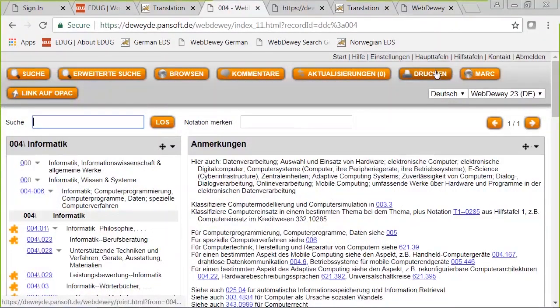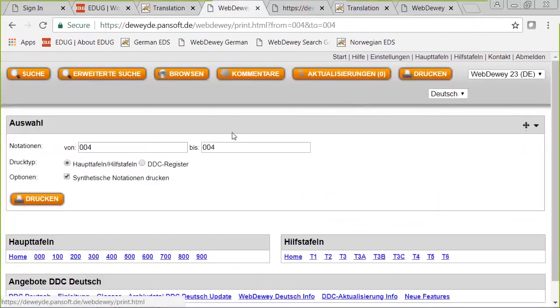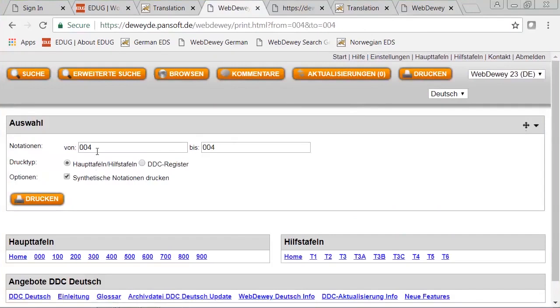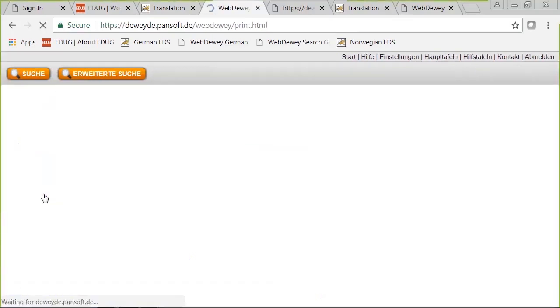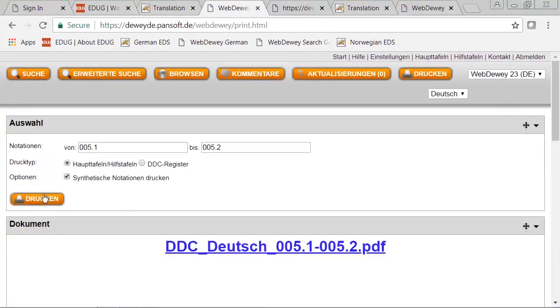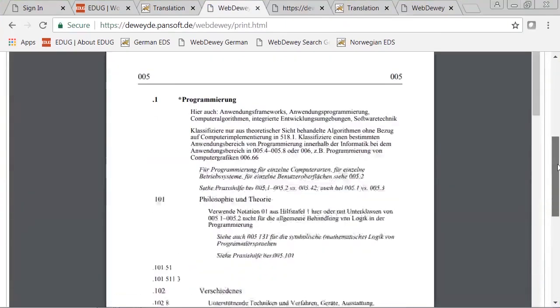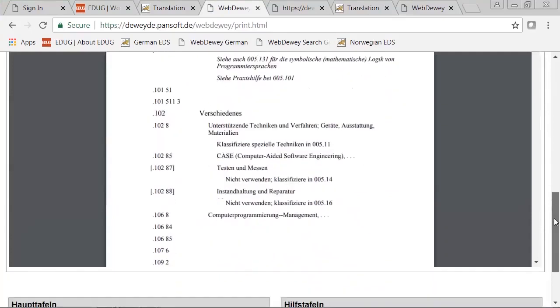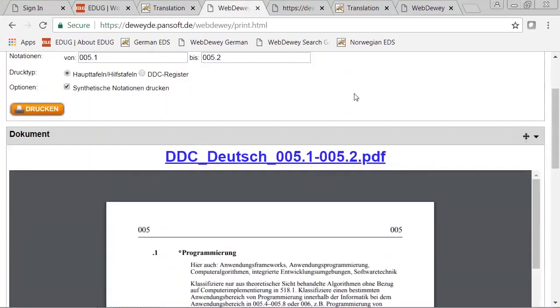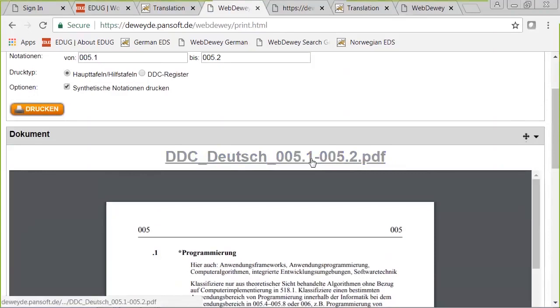We've introduced a new button, and if you use that button to print, you can create, for small amounts of Dewey data, PDF files which are supposed to be well formatted and should be exactly formatted like the printed edition.